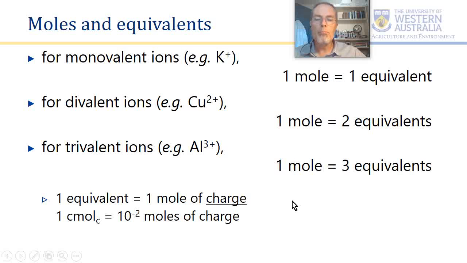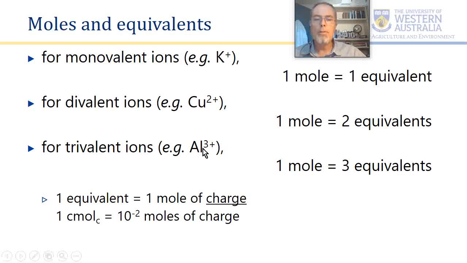Okay. Just some more concepts that we need to cover before we get into this properly. So moles and equivalents. For monovalent ions, 1 mole of atoms is 1 equivalent or 1 mole of charge. But for ions of higher charges, it's a little bit different, but it's quite simple really. So if we have a divalent ion like copper, 1 mole of copper is 2 equivalents or 2 moles of charge.